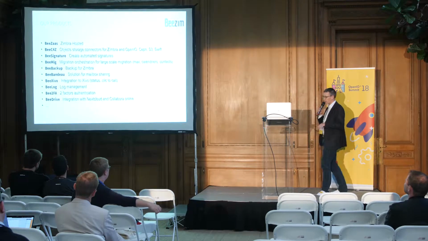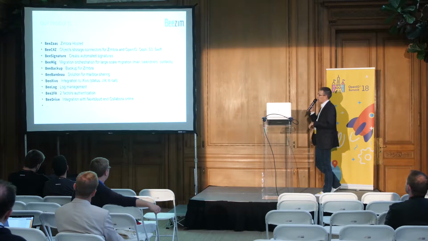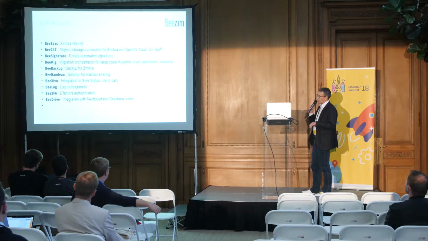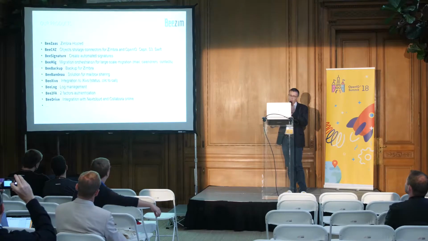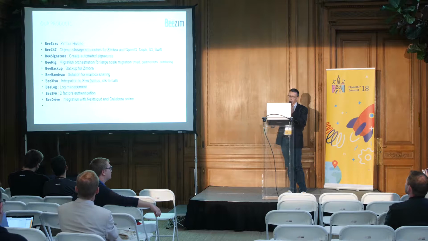In this set of products, we have one that allows you to connect the storage of Zimbra to OpenIO. And I want to explain why OpenIO is a good choice for that.